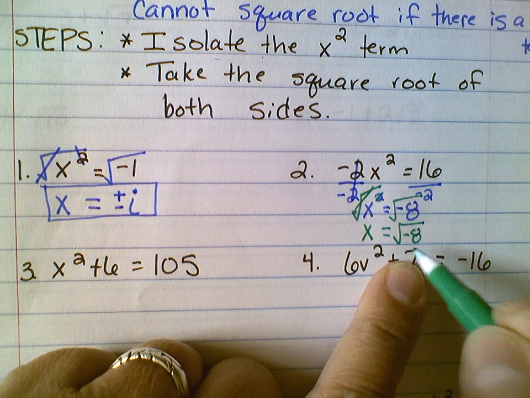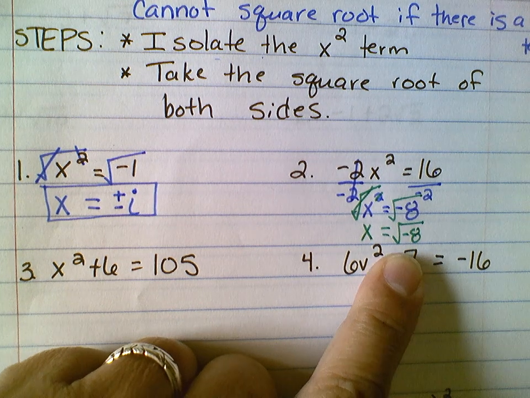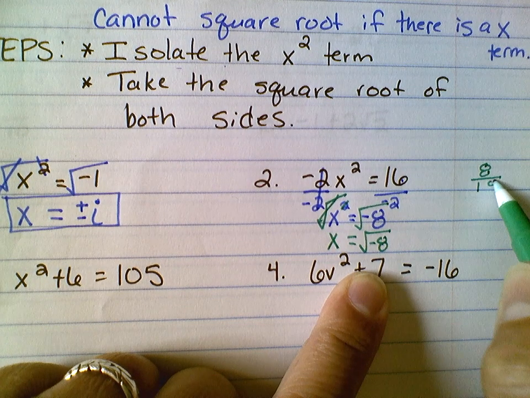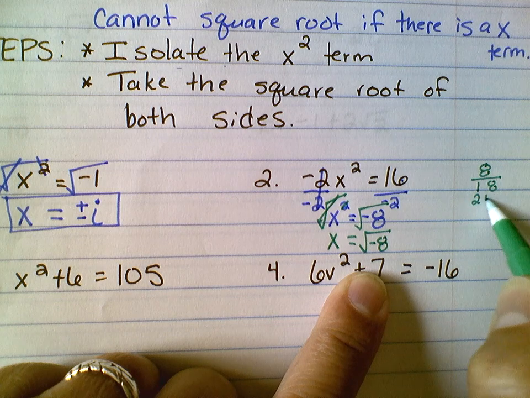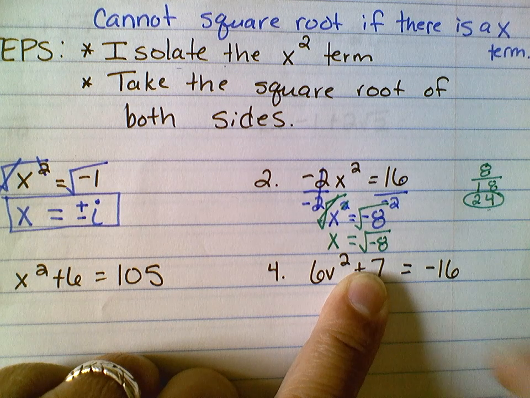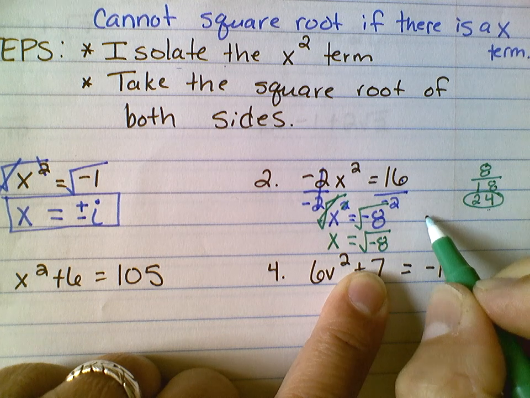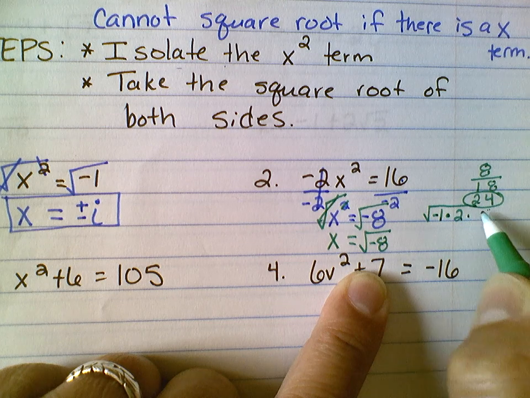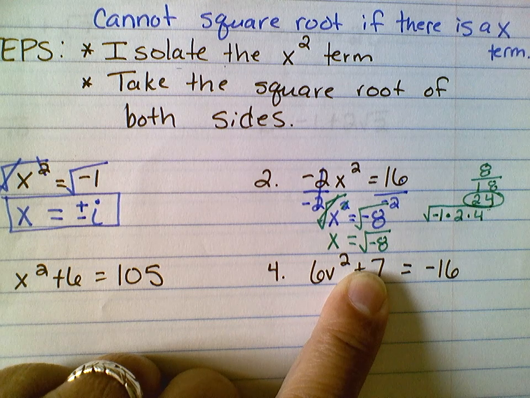So now I have x is the square root of negative 8. And I have to see if I can simplify that. So I have 1 times 8 and 2 times 4. And I did find a perfect square there. So I have the square root of negative 1 times 2 times 4.